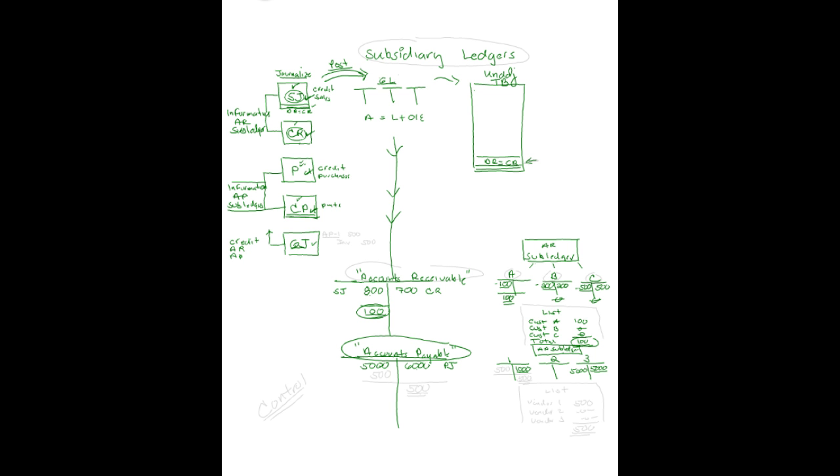Let's say you had a return in your general journal to vendor number 1. You returned inventory to vendor number 1 in the amount of $500.